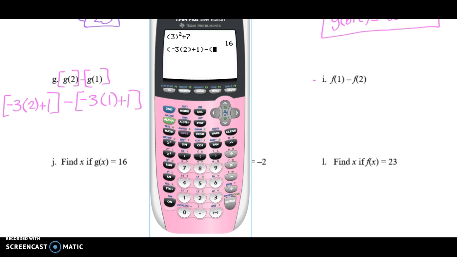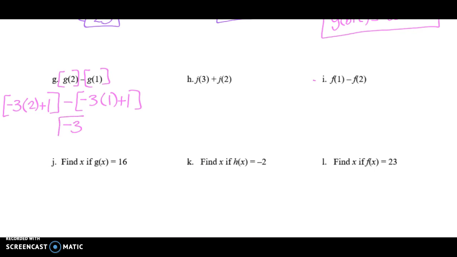Then the minus sign, new grouping symbol, -3, plugging in the 1, plus 1, end of the group. And it'll do it all in one shot. So this difference, G of 2 minus G of 1, is -3.